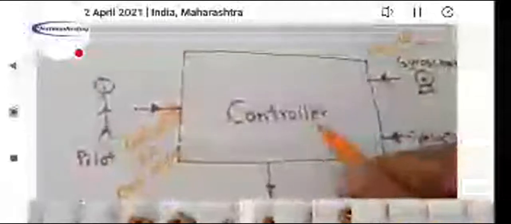This input is used to change the directions of the flight.